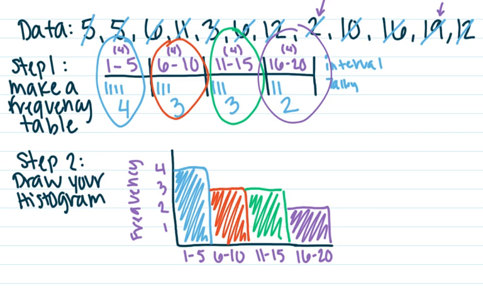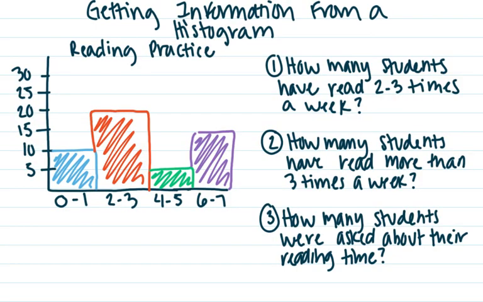I just know that, hey, the majority of my data is pretty small numbers, 1 through 5. I have an equal amount of data there in the middle, 6 through 15, and then I have a couple numbers that are greater than 16 that go up to possibly 20. And again, I don't even know if I have a 20 or not, because again, you cannot see the individual data.